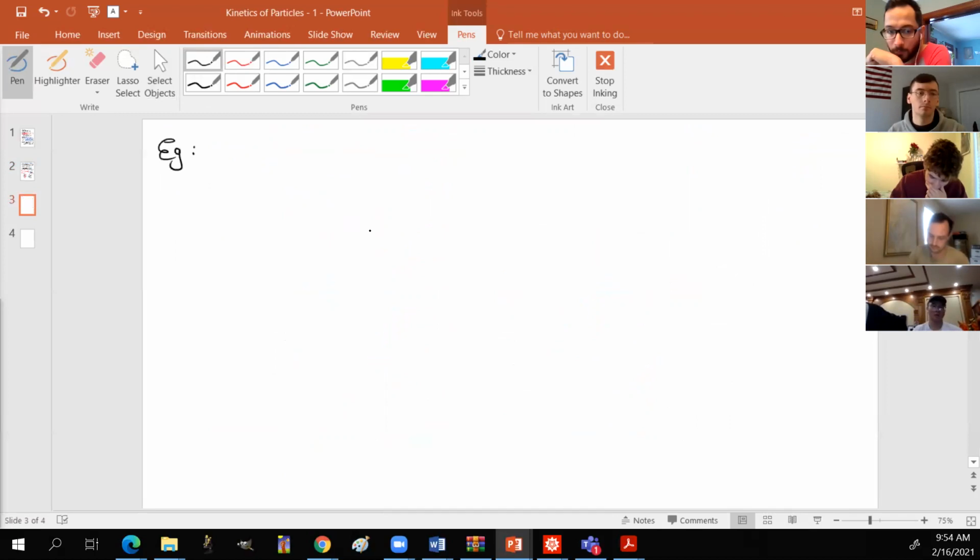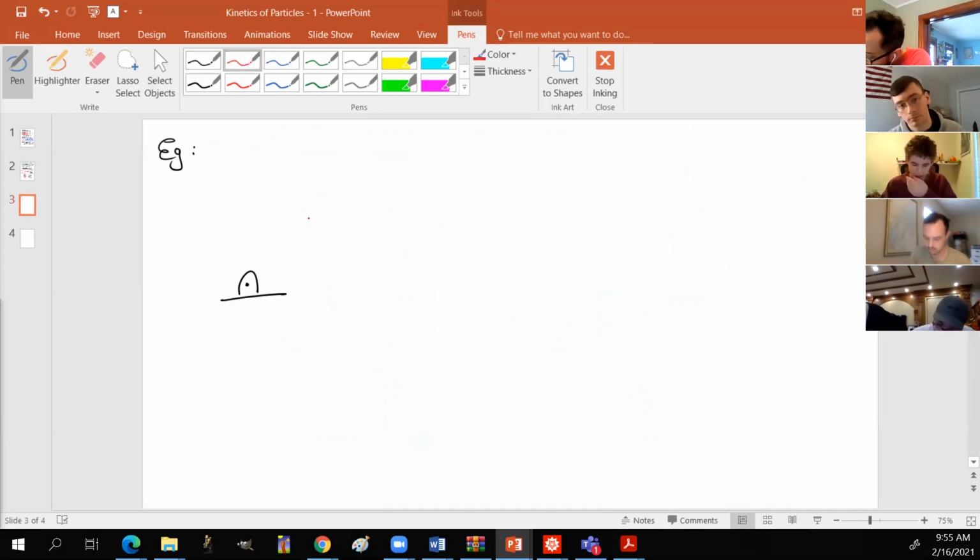So now we have a rod which is rotating. And then on this rod, you have a collar that slides on it.